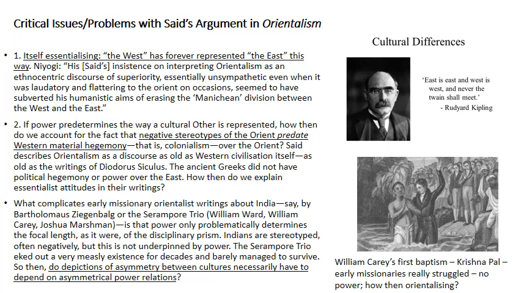I will explain this. Indians are stereotyped often negatively, but this is not underpinned by power. The Serampore trio eked out a very measly existence for decades and barely managed to survive. So then, do depictions of asymmetry between cultures necessarily have to depend on asymmetrical power relations?